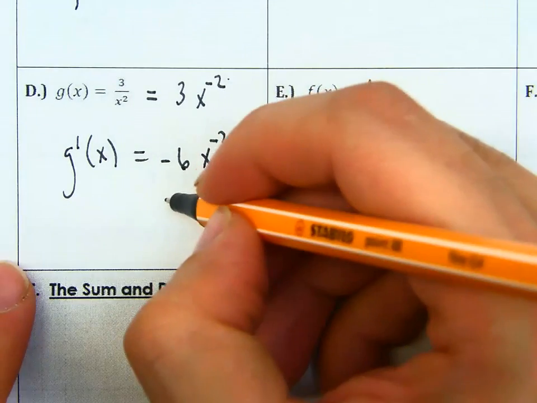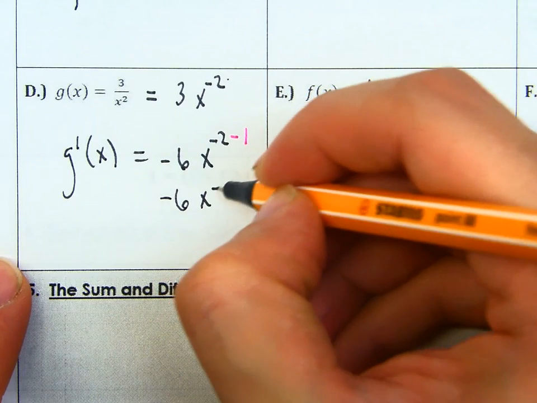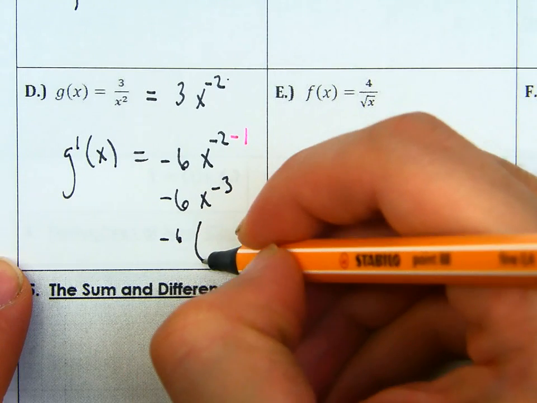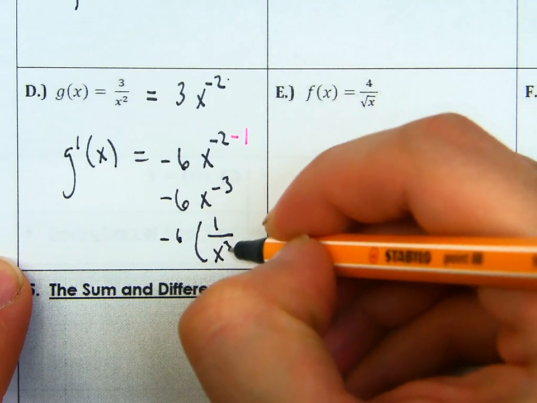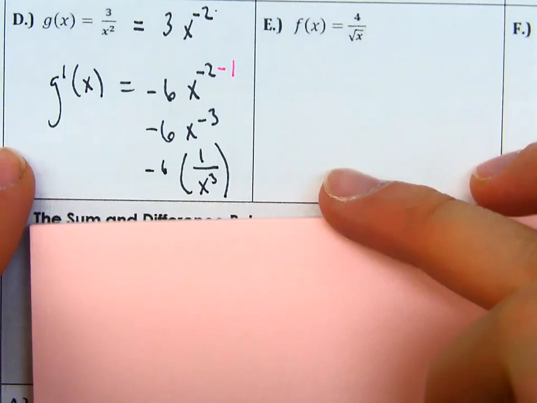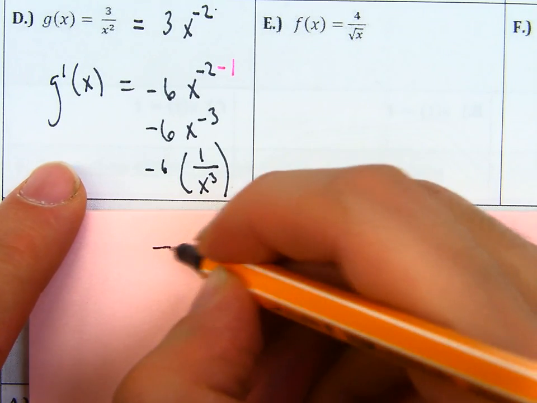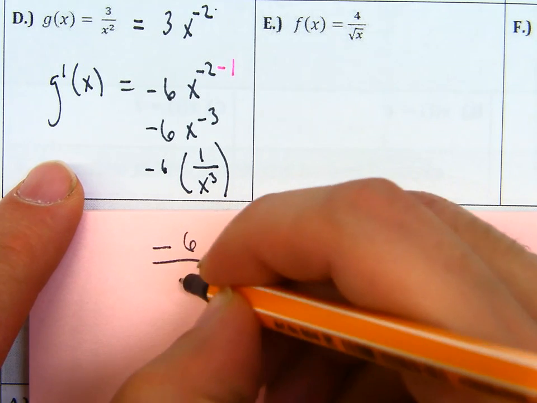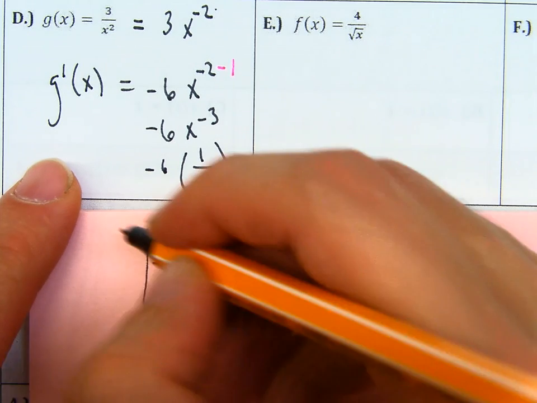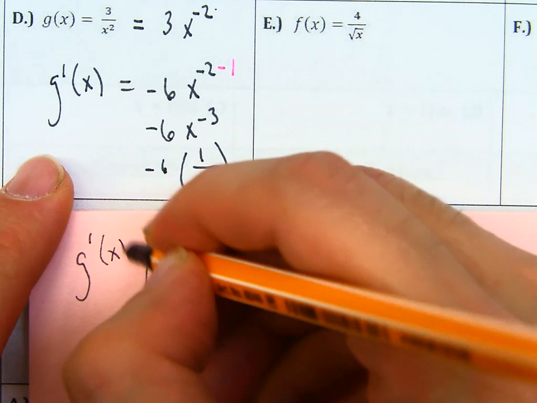So that becomes negative 6 x to the minus 3, which is negative 6 times 1 over x cubed. That just equals negative 6 over x cubed, and that is g prime of x.